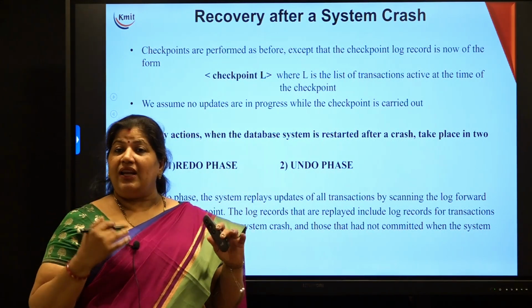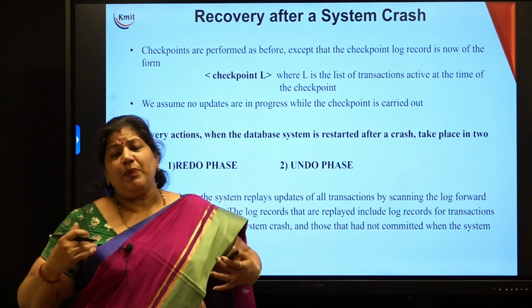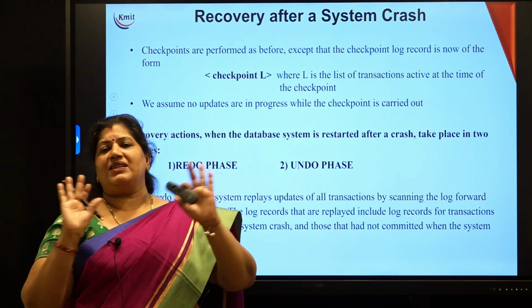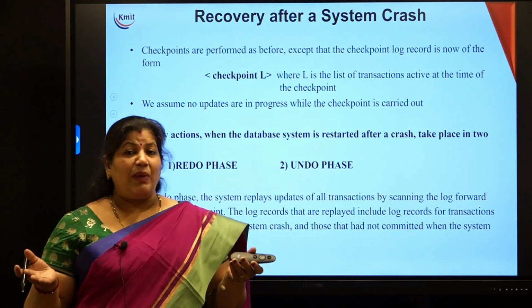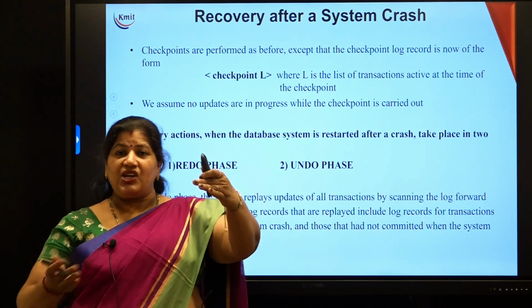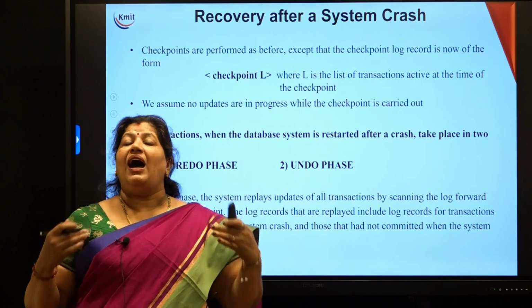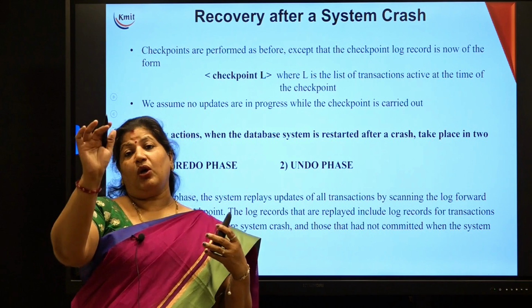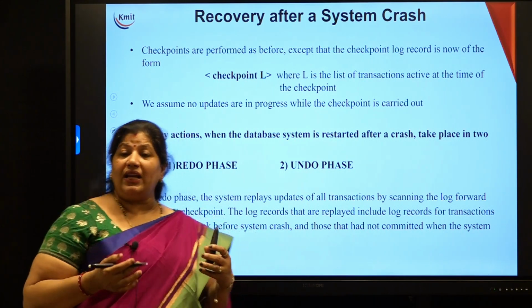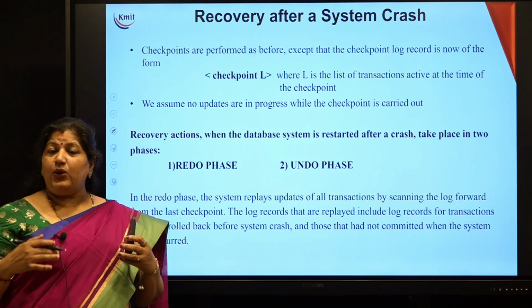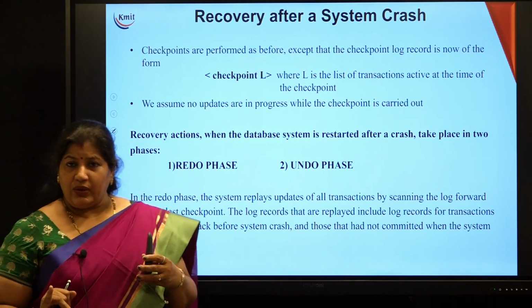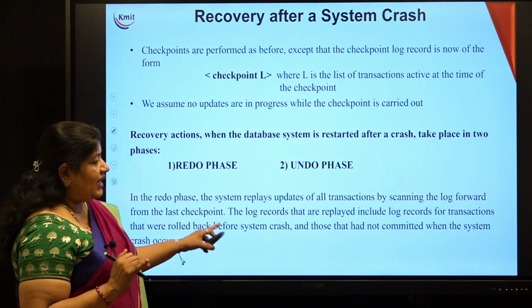After the last checkpoint, before it could reach a consistent state again, the system crashed. So what is my task? From that checkpoint, whatever has happened, I have to replay it based on the log entries. That means what are the things I am going to redo? Anything that was committed after the last checkpoint, or any action that has been started.